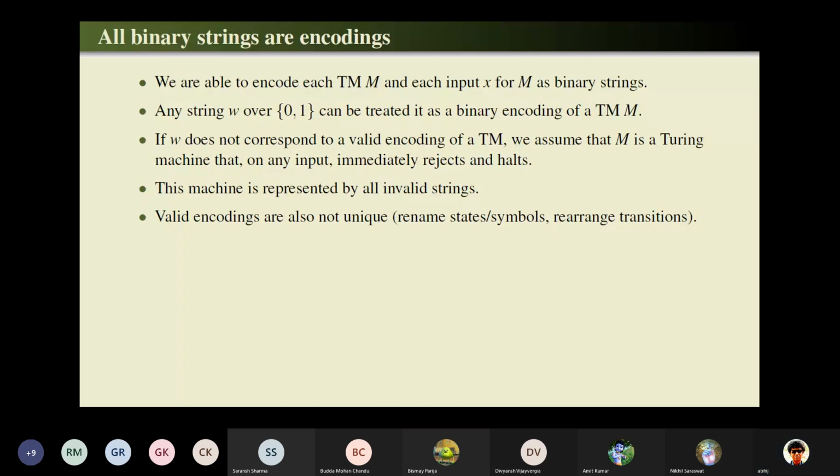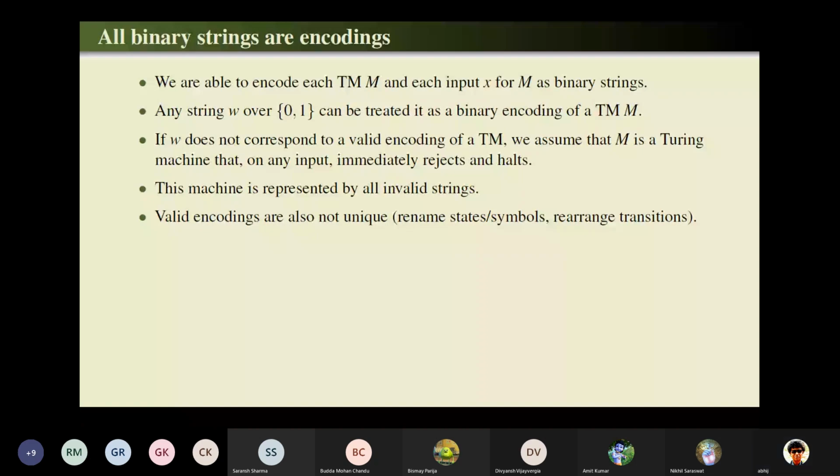So that way, the same machine may have multiple encodings. The transition entries of delta may also be permuted. It is fine as long as I have all the transitions in some order. So the valid encodings are also not unique.